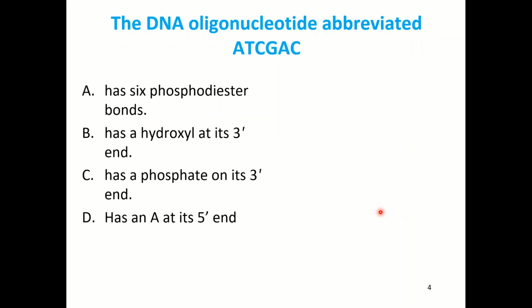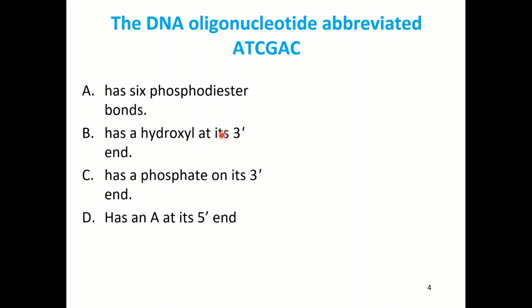The DNA oligonucleotide, abbreviated ATCGAC, has 6 phosphodiester bonds. Is that true? Well, let's see. There's a phosphodiester bond between every base, so there'd be 1, 2, 3, 4, 5. So that is not correct.